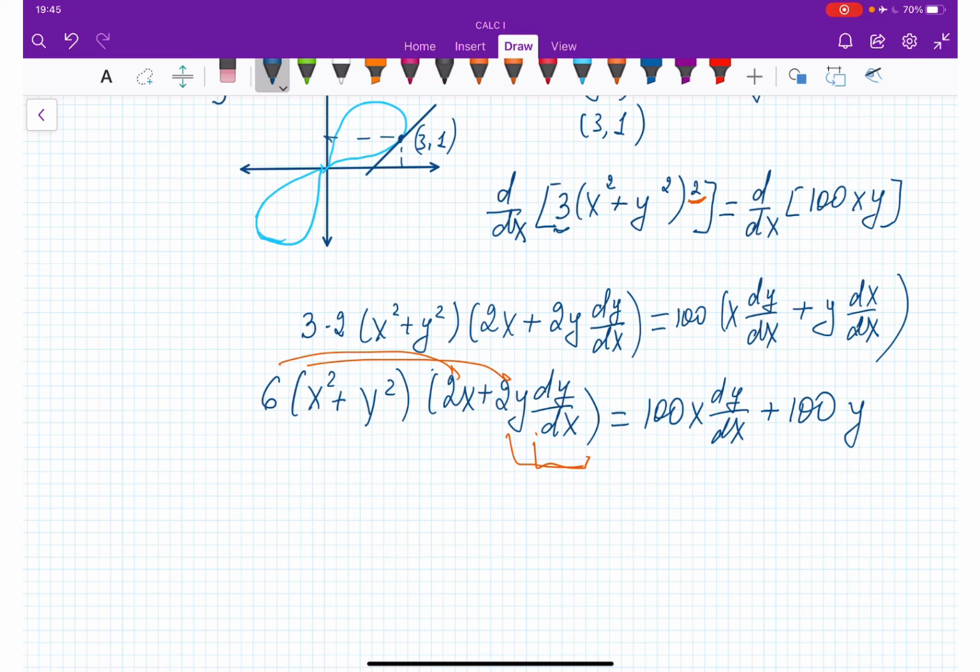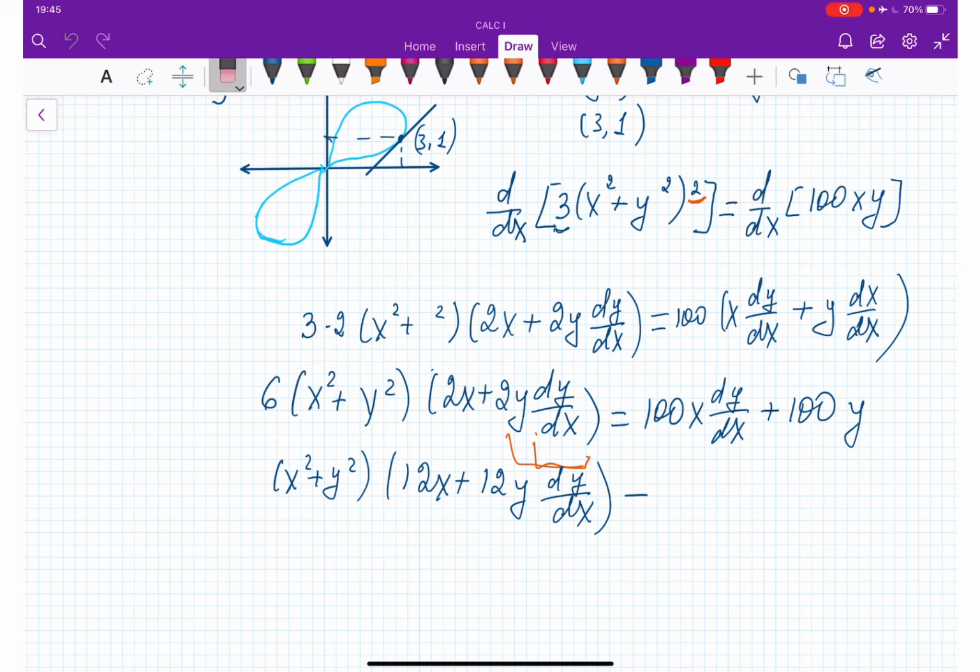So it's going to be x squared plus y squared, and here I have 12x plus 12y dy by dx, minus, moving this dy by dx to this side, collecting on one side, minus 100x dy by dx, is equal to 100y.